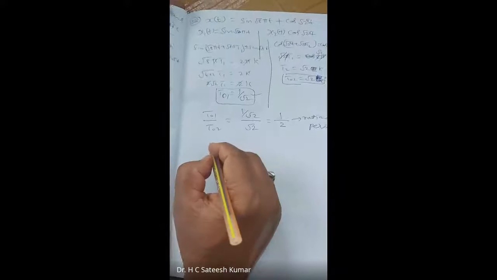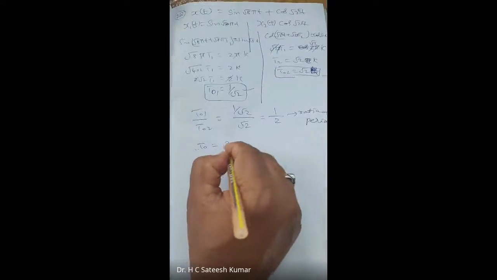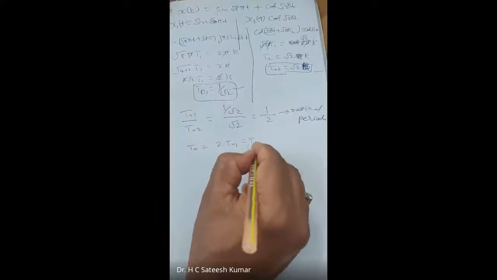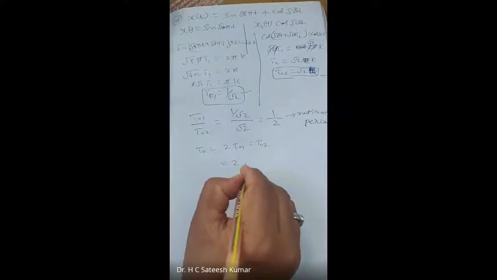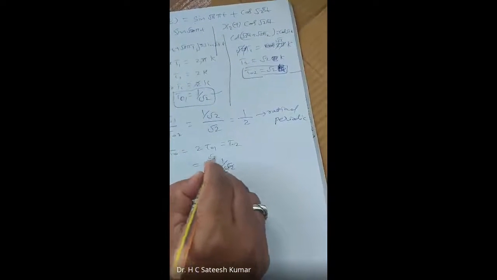Now, T naught is equal to the cross product: 2 T naught 1 is equal to T naught 2. 2 into T naught 1 is 2 by root 2. Root 2 times gets cancelled.